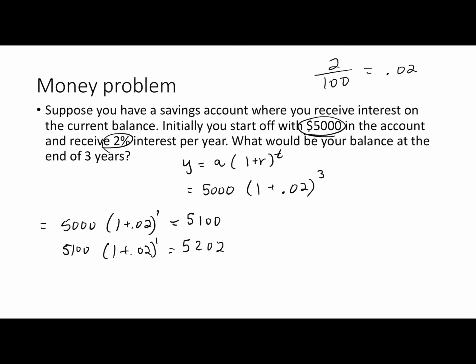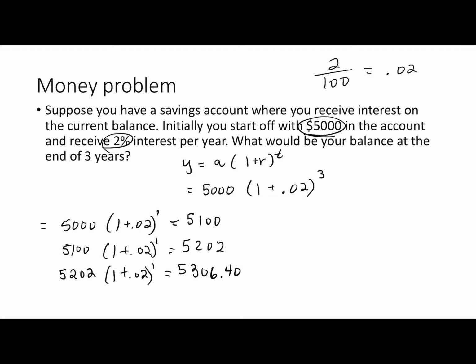All right, but this is 3 years, so we're going to have to do one more year. 5,202 gets increased by 1 plus 0.02 to the power of 1 because it's only one more year. And this time we are going to gain slightly more, and the amount is going to be $5,306 with 40 cents.